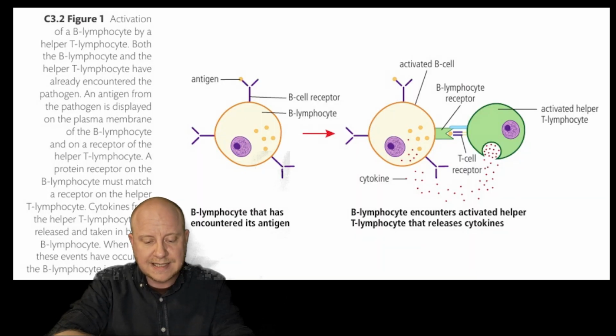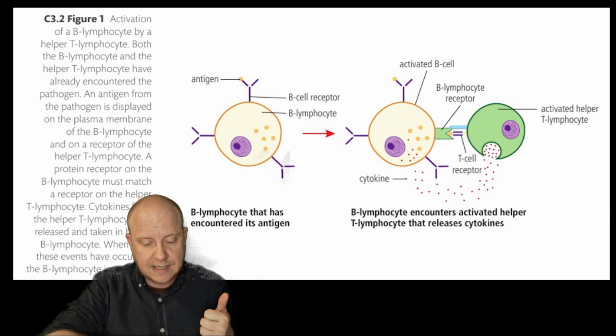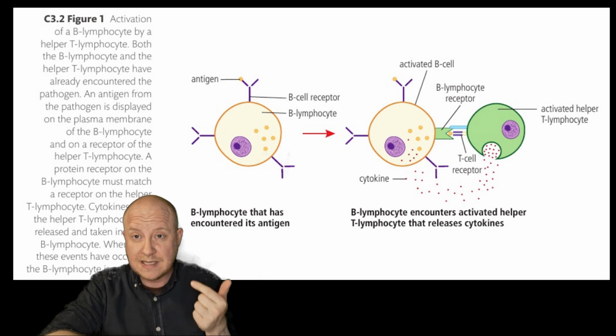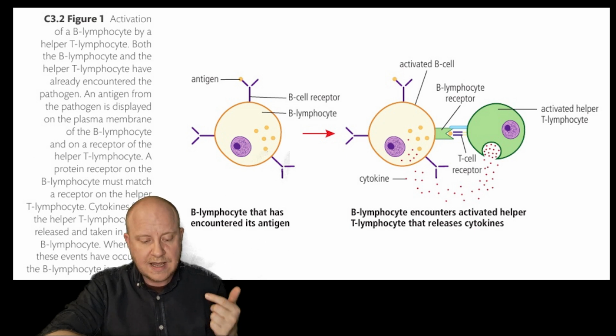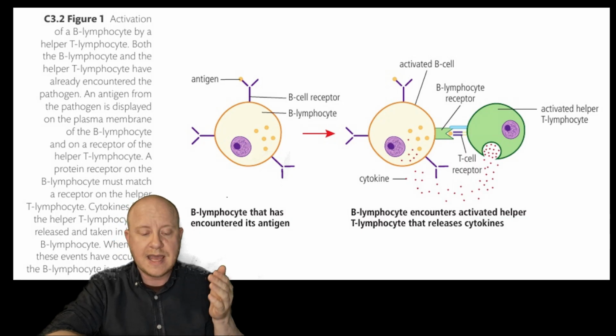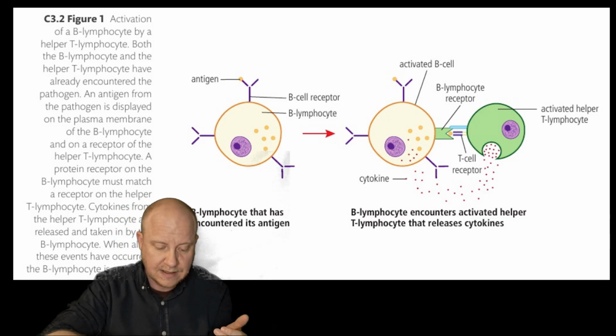Helper T lymphocytes chemically communicate with other leukocytes, including B lymphocytes, to signal the presence of a specific antigen. There are many types of helper T lymphocytes. Each type can only activate a specific B lymphocyte. The same antigen that activates a specific B lymphocyte will also activate a helper T lymphocyte.